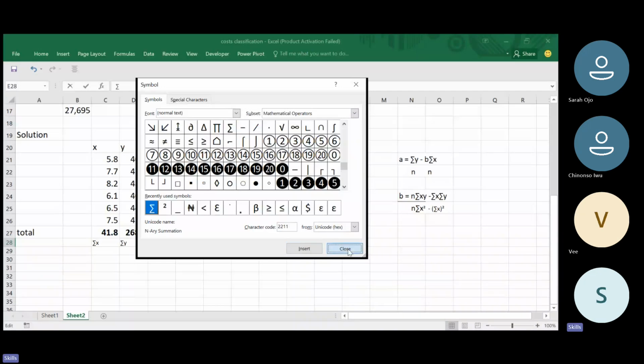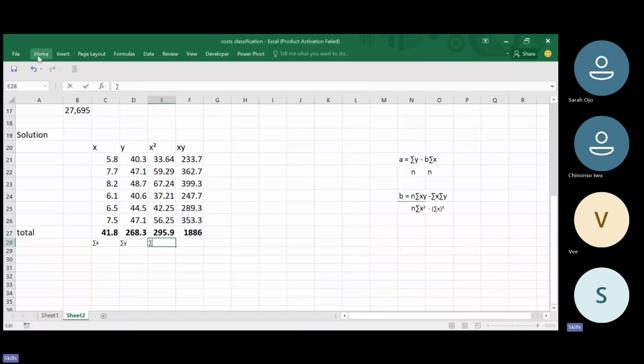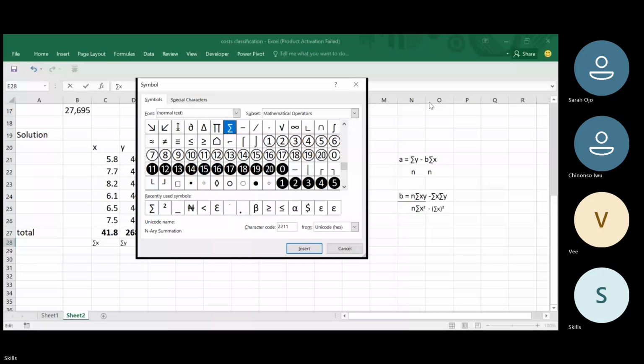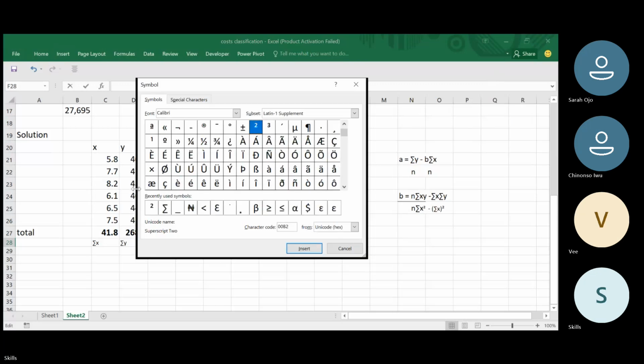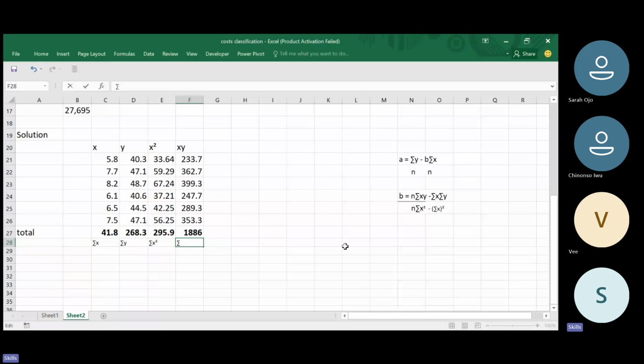If you do it this way, it will be easier for you to solve your question. Then this is summation xy.